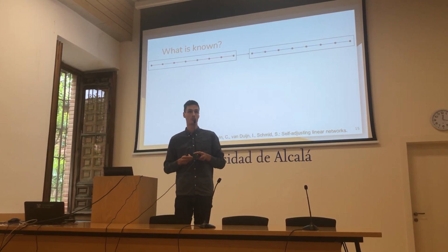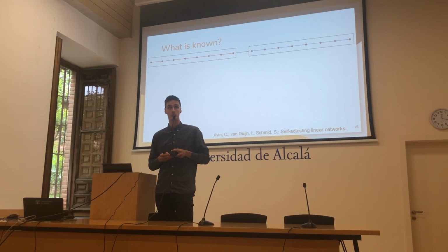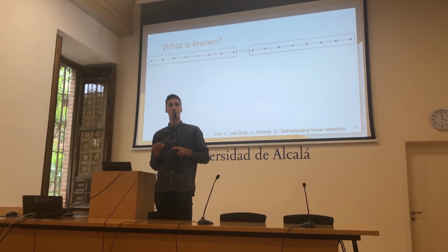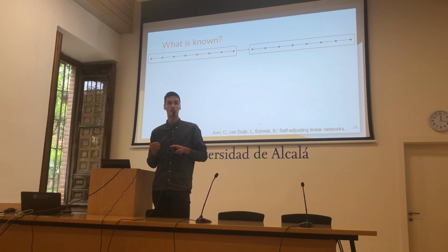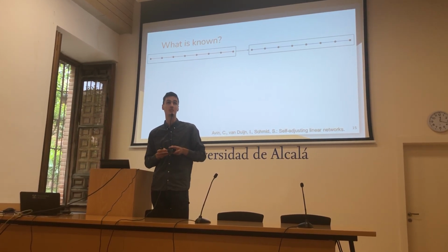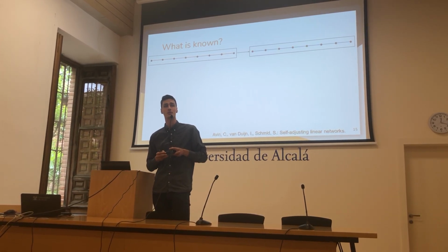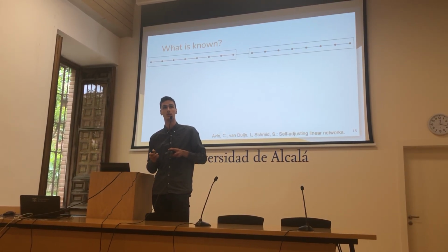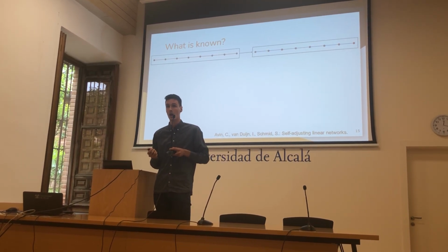Okay. So what is known on the topic? Well, not much. The paper where this problem was introduced is called Self-Adjusting Linear Networks by Avin, Bienkowski, Loukas, Pacut and Schmid. And in this paper, authors considered two graphs. The first one, the demand graph, is linear, and the network graph is also linear.